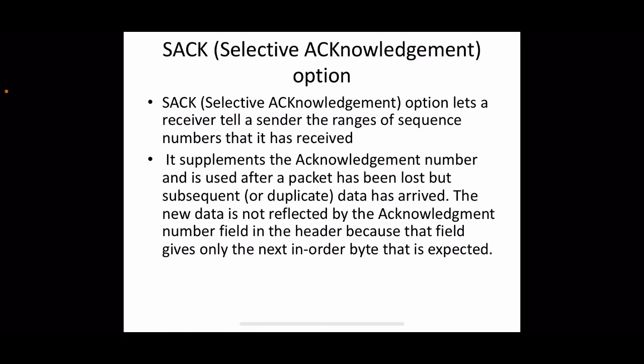So whatever bytes it received correctly after the lost one, it will always tell the lost sequence number only. So how should the sender identify that only this segment X is lost and the remaining are all correctly received? In such a case, it can take the help of this SACK. So it can understand that only X is lost, the remaining are safely there, X plus 1, X plus 2, everything is there. I need to retransmit only X.